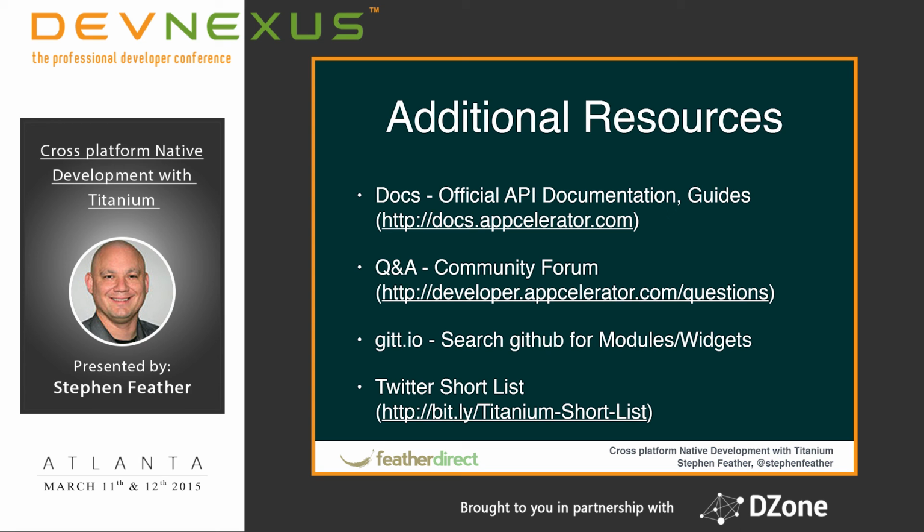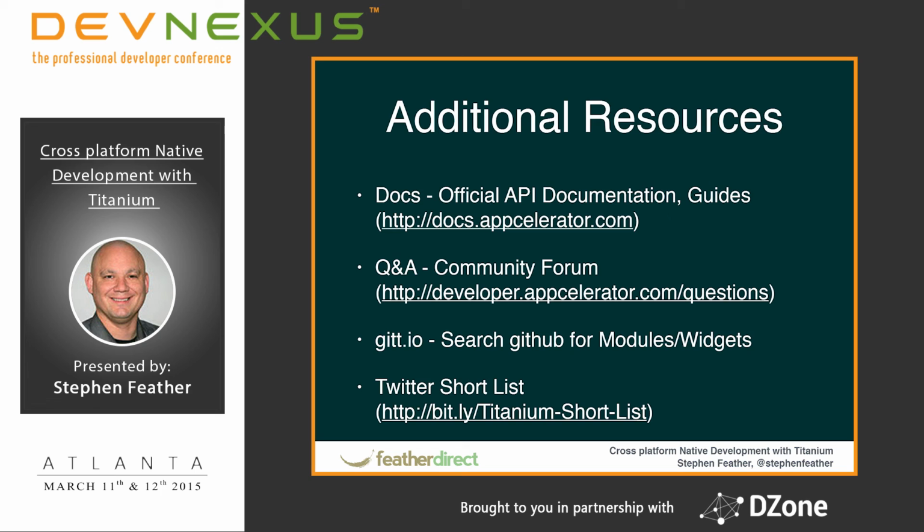When I started with Titanium, our documentation was pretty much, we opened up the source code and we read and saw what the engineers had done. There was really no documentation. That has come a long way. The 3.0 docs, there was a big emphasis in the last 2 years to update the documentation for the API.